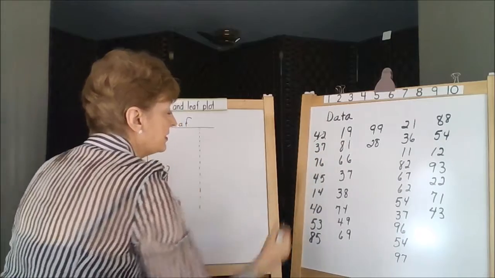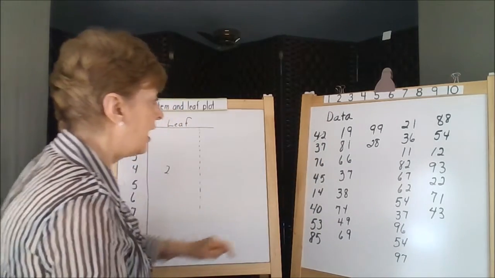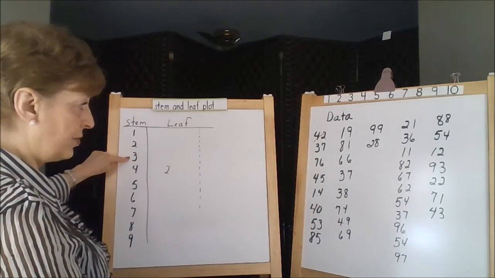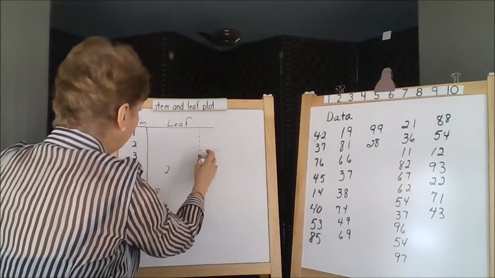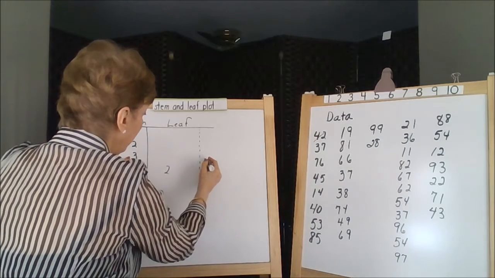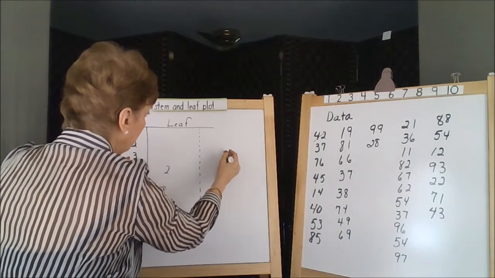So that data point is done. 37, I would now go to my stem 30 and figure the 7 would be on the other side of the dotted line, so perhaps the 37 would be here.